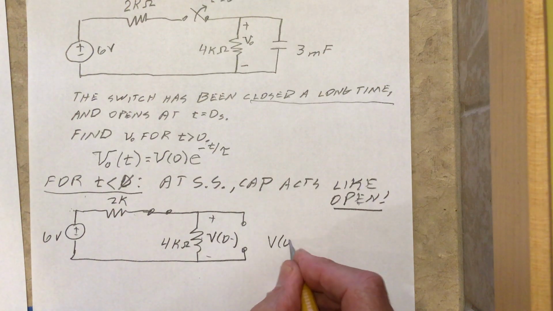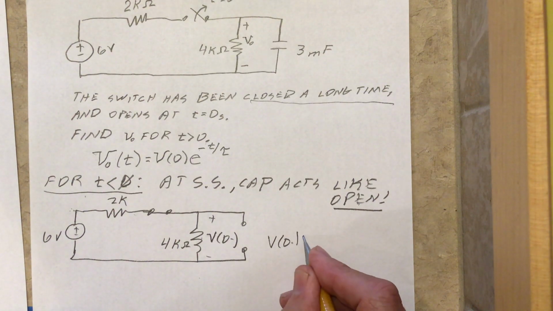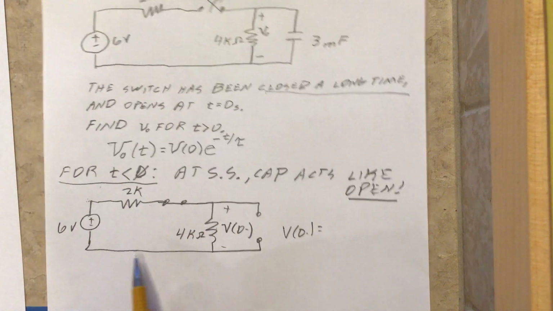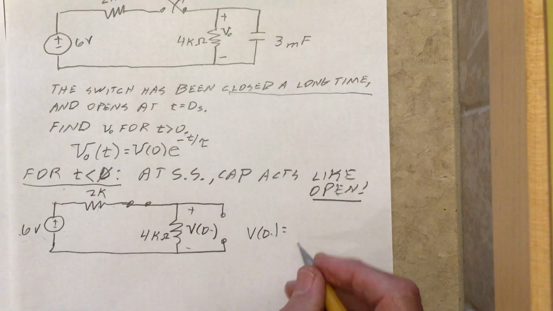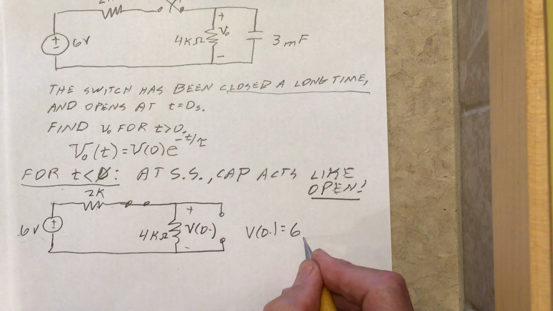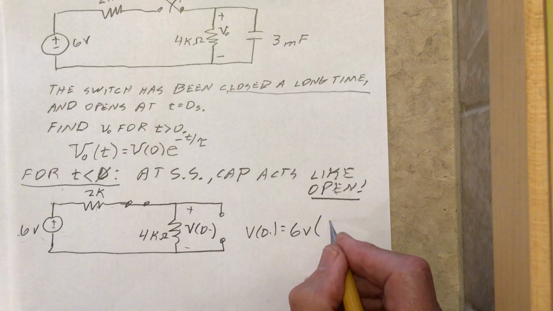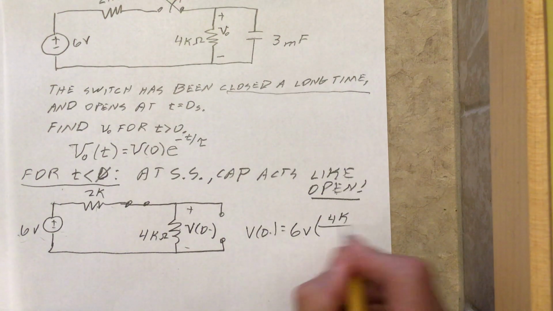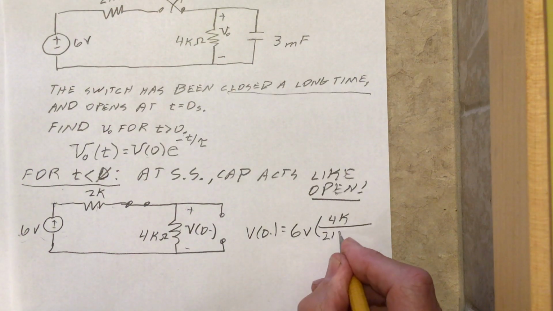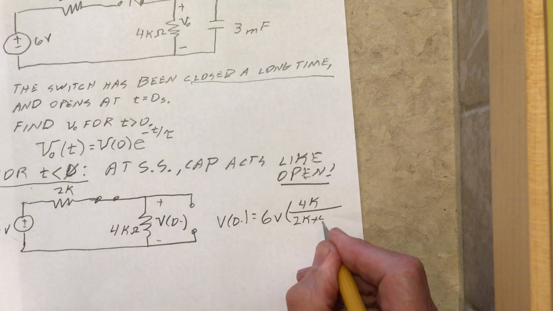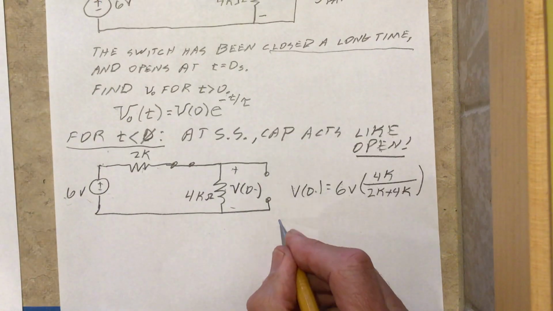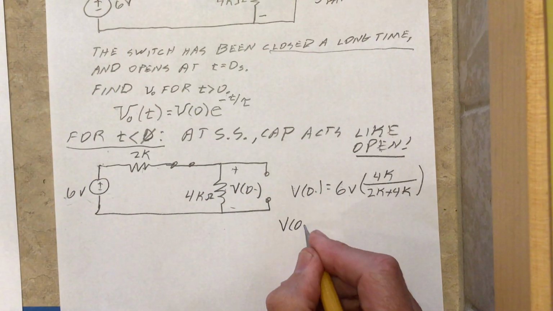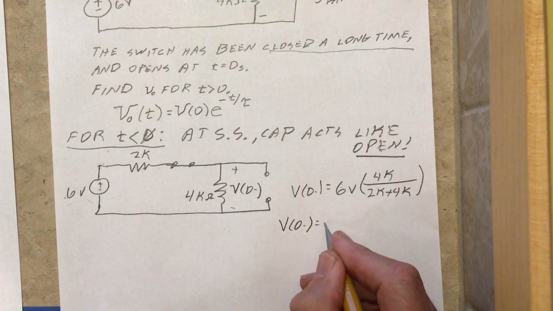So we have a simple voltage divider. So my voltage at 0 minus is just a voltage divider equation. 6 and 2 and the 4. We have 6 volts times 4K over 2K plus 4K. So my voltage at 0 minus is equal to 4 volts.